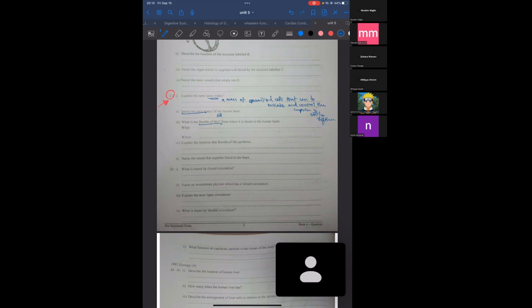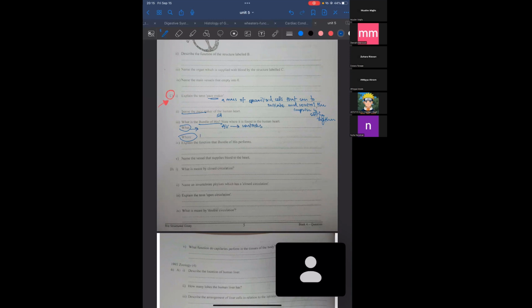And what is the bundle of His and where is it found? It is a group of specialized fibers. That's enough. Or else you can write it's a group of specialized fibers that transmit impulses from the AV node to the ventricles. Where is it found?